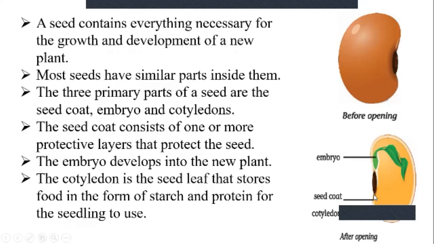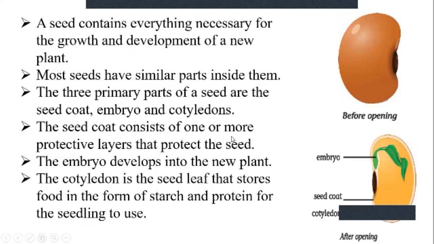That is called the seed coat. The next part is the embryo. Can you see the green colored thing? This is called the embryo. This yellow color is called the cotyledon. These are the primary parts of a seed.